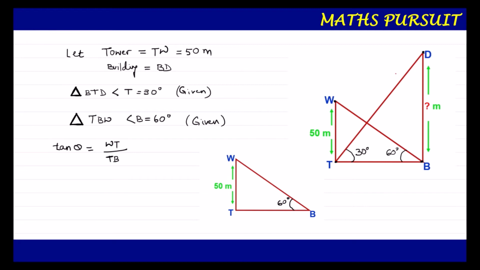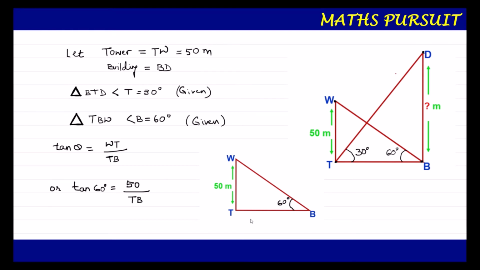Here our angle theta is 60 degrees, the opposite side of angle 60 degrees is WT, and the adjacent side of this angle 60 degrees is TB or BT. So I can write tan 60 degrees is equal to, instead of WT I can write 50 because WT is 50 meters, upon TB.